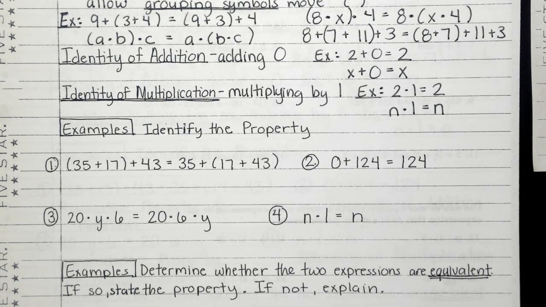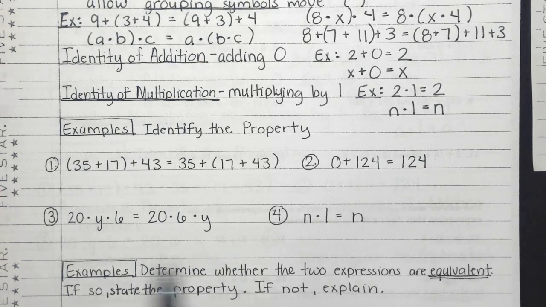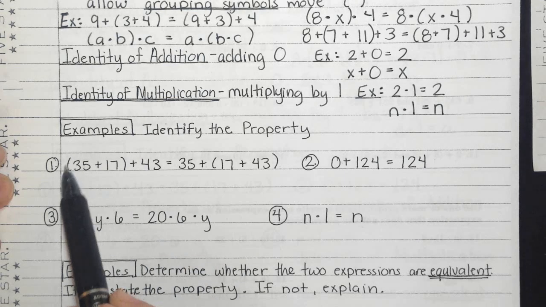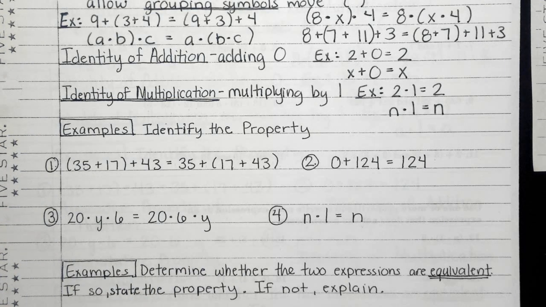So on number 1, what's happening here? How did you know it was the associative property? Yeah, so for 1, this problem has parentheses. So already I'm thinking, hey, something's up with those parentheses symbols.